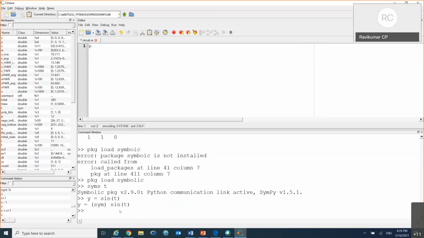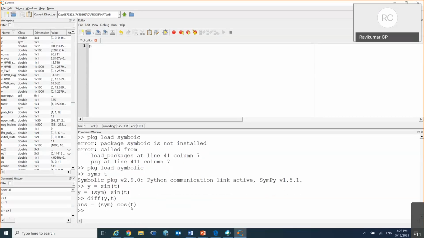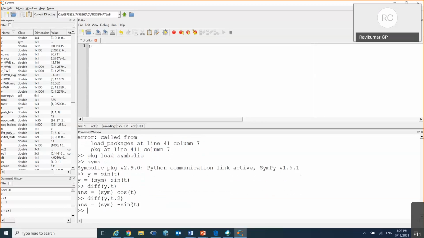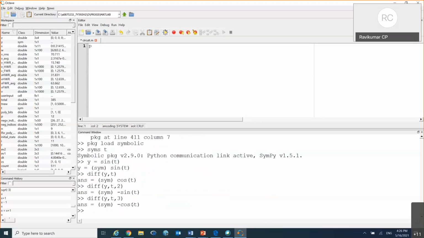So y is now a function of this t. And then if you want, I can say differentiate y with respect to t. It differentiated sine t and said it is cos t. If you want, you can differentiate it one more time and it will give you minus sine t. Differentiate it 3 times and it will give you minus cos t.